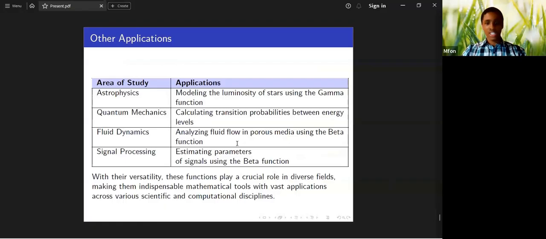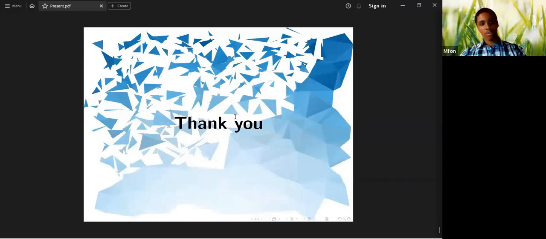To do that, you need the gamma function because it helps define an integral that otherwise, using elementary functions, you can't achieve. So beyond gamma and beta functions, there are other special functions and they have wide application in multiple fields. They are not limited to one discipline or one area. But from what I've seen, most of their applications come under integrals and statistics. Thank you for your time.